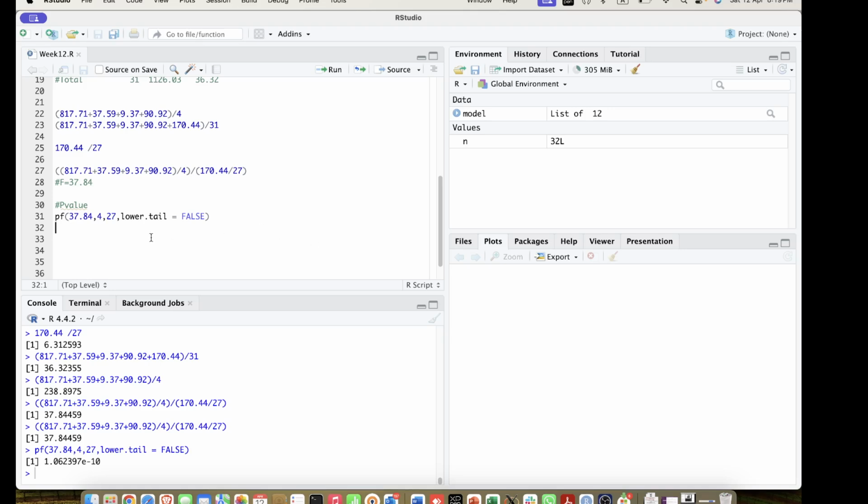I am finding the probability that F exceeds this one, and since I want greater than or equal to, I have to give lower.tail equal to FALSE, and that's the p-value.